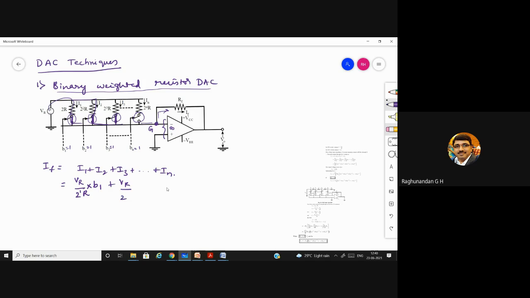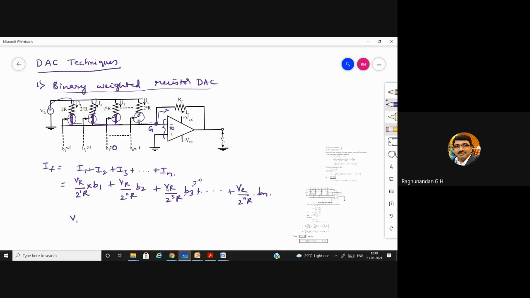VR by 2^2 R into B2 plus VR by 2^3 R into B3, like that till VR by 2^n R into Bn. Suppose any one of the bits is 0. Let us assume that B3 is 0. During that time, while substituting, we are going to substitute B3 as 0. So this entire term will become 0. That is the logic which is used here.